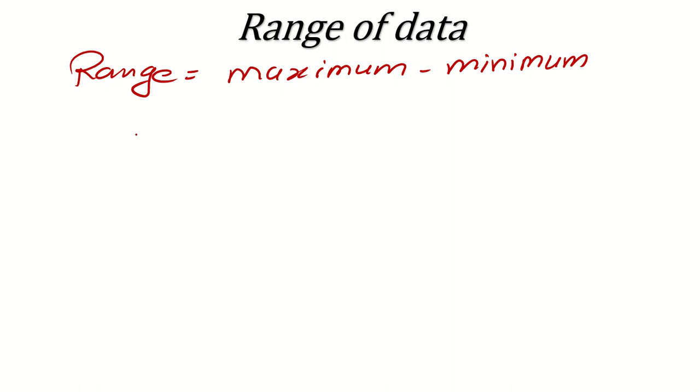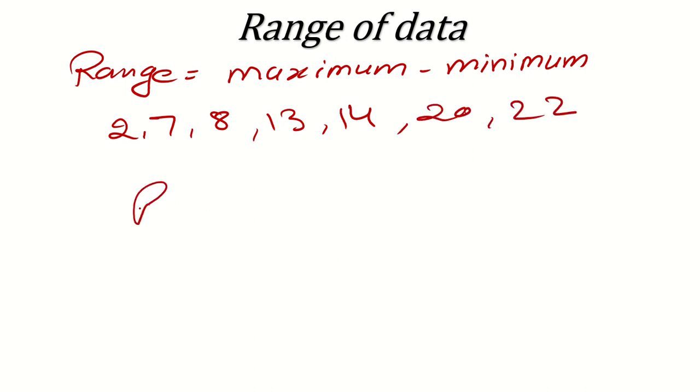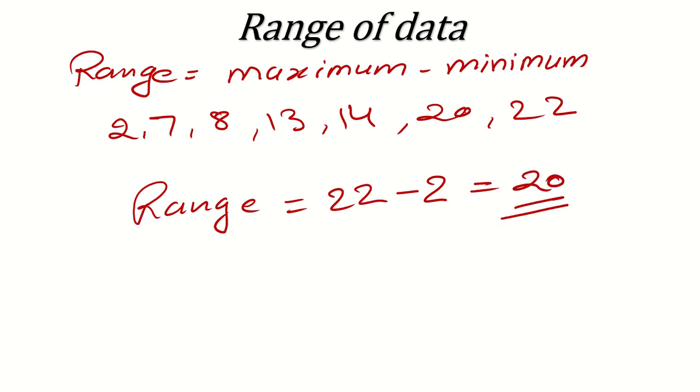For example, if you have some numbers, say I have 2, 7, 8, 13, 14, 20, 22. Then what is the range? Range will be the maximum number, 22, minus the minimum number, 2, and 22 minus 2 is 20. So this is the range.